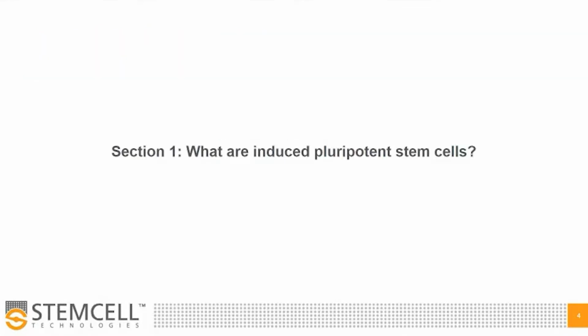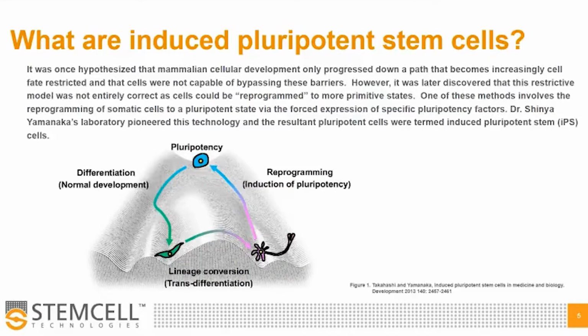Section 1, what are induced pluripotent stem cells? All cells that exist in the body, both somatic and germ cells, originate from the pluripotent cells of the embryo. It was once hypothesized that mammalian cellular development only progressed down a path that becomes increasingly cell fate restricted, and that cells were not capable of bypassing these barriers.